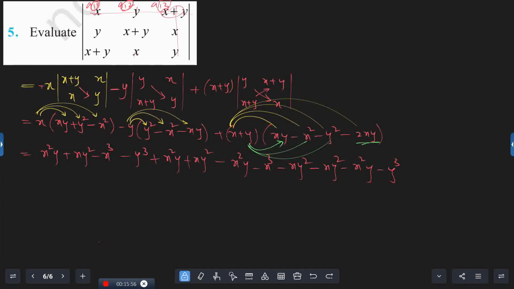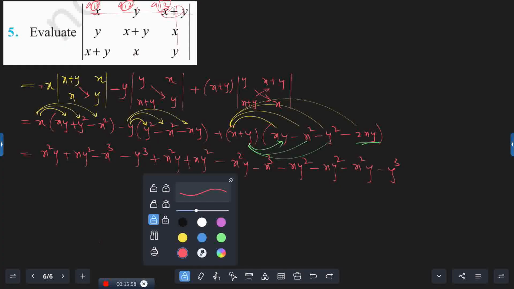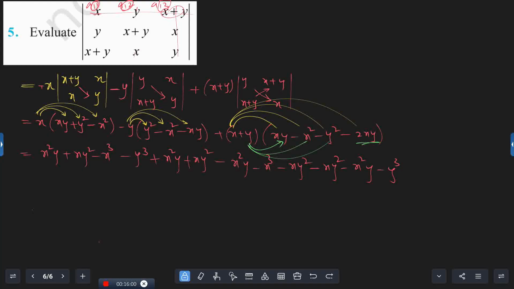Now what all elements cancel? That you see there, strike out. Listen, first plus x square y, where we have a minus x square y, that you see here. Minus x square y, okay. Like that, xy square plus xy square, minus xy square. Here I'm giving double line for understanding purpose.